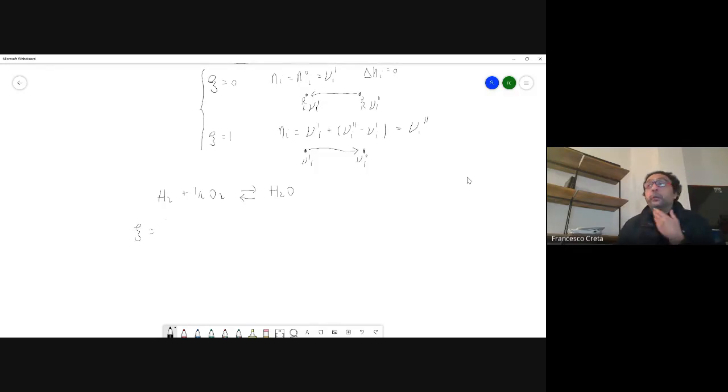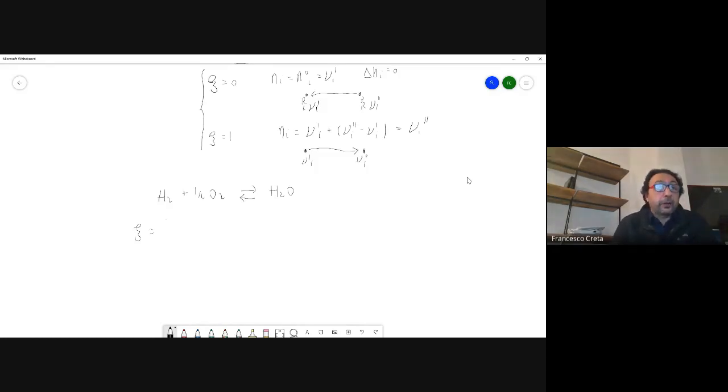It's also called the degree of advancement of a reaction, or progress variable. So as it increases, as psi moves beyond 0, you're seeing this reaction moving from left to right. That's how you have to look at this.